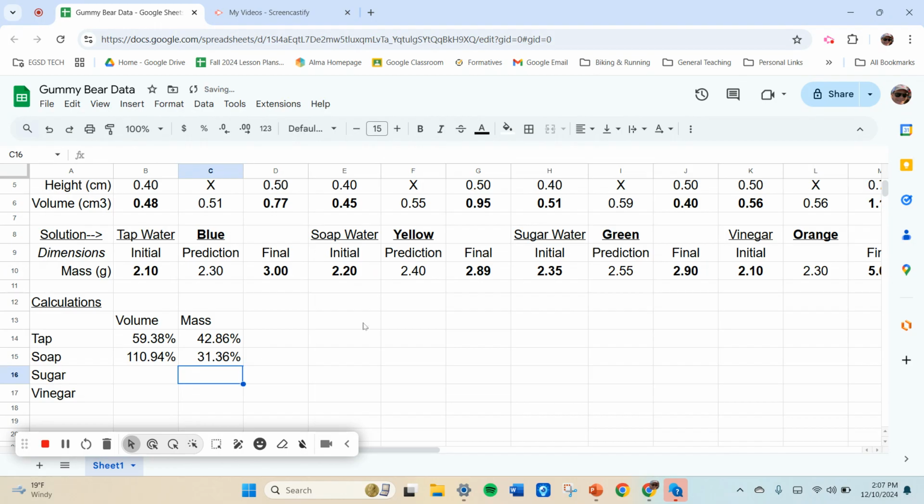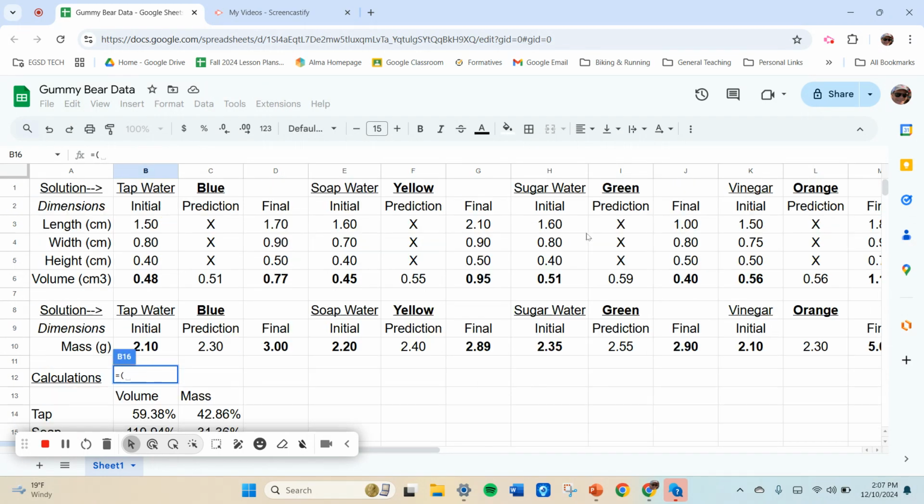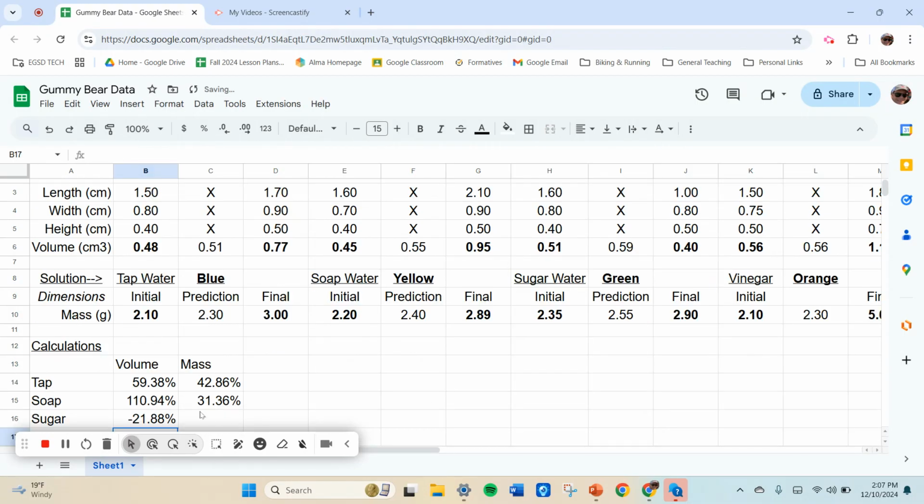Boom. Sugar water equals, open parentheses, sugar water, final minus initial, close parentheses, divide by, boom, there you go. Sugar mass equals, open parentheses, final minus initial, close parentheses, divide by initial. All right, one more to go.